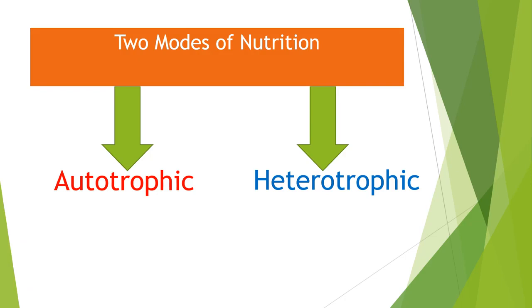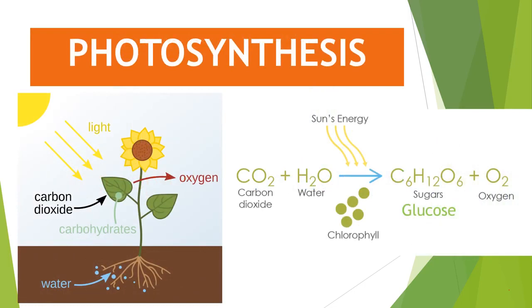The next portion is photosynthesis. What do you mean by photosynthesis? Photosynthesis means the process of preparing food by the green plants with the help of sunlight, water, air, and chlorophyll.